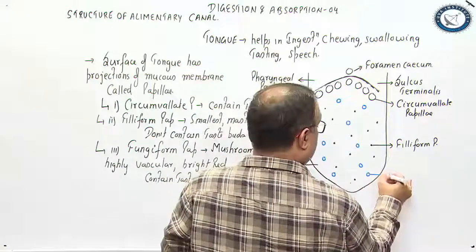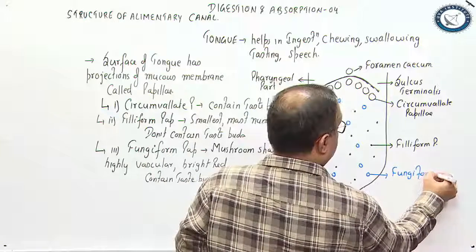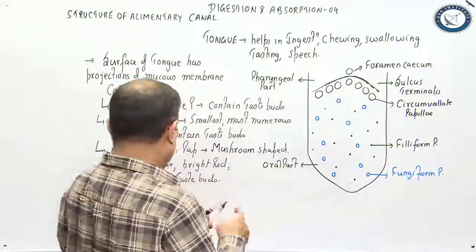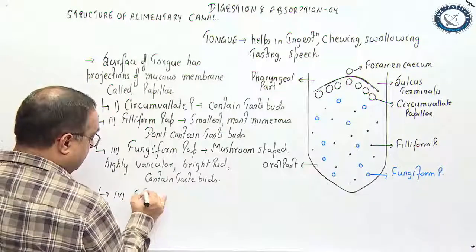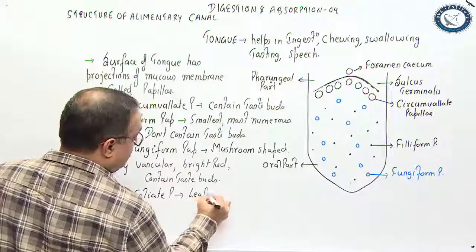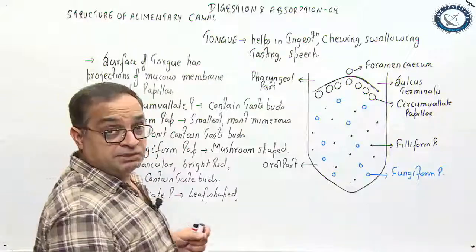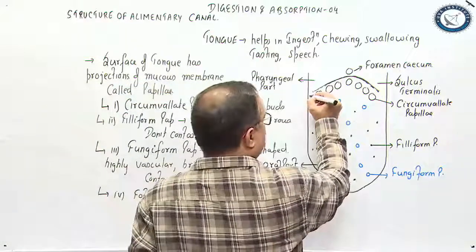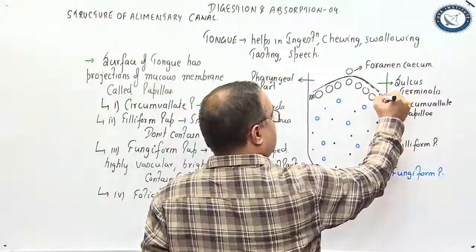So here I have shown you fungiform papillae. The 4th type of papillae are foliate papillae. These are leaf shaped. These are highly developed in children but not developed in adults. So here I am showing foliate papillae.